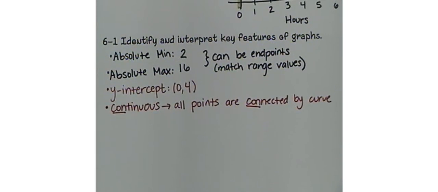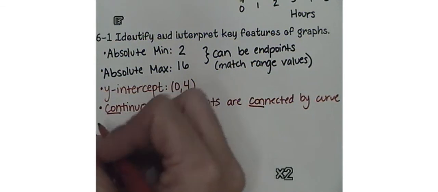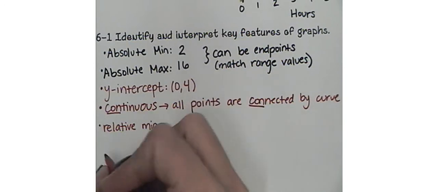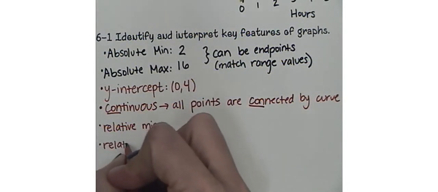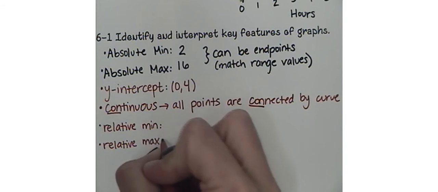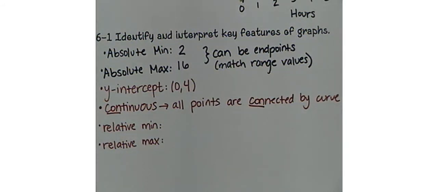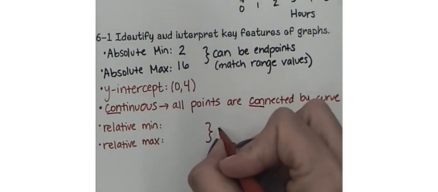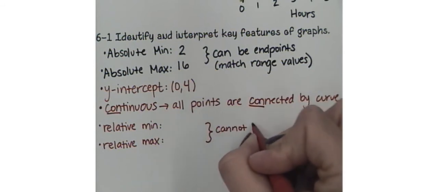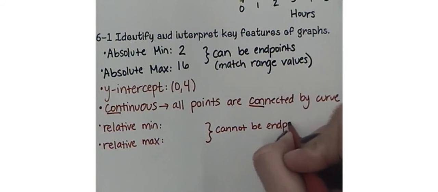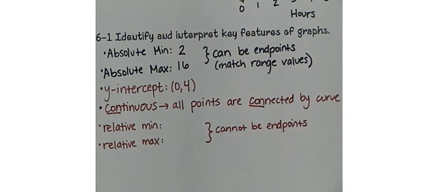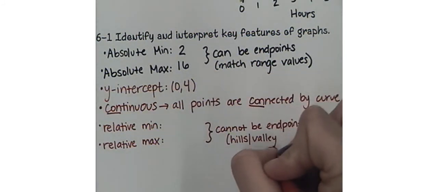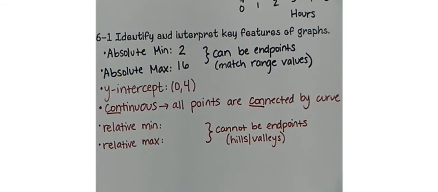Okay, next let's look at relative minimum and relative maximum. What do we know about these? They cannot be endpoints. And remember, we're looking for hills and valleys, high points and low points throughout our graph.